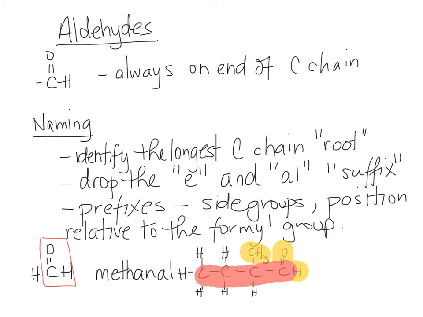So we've got butanal, because it's 4 carbons with an aldehyde, and we have a methyl group on carbon number 2. So this is 2-methylbutanal.